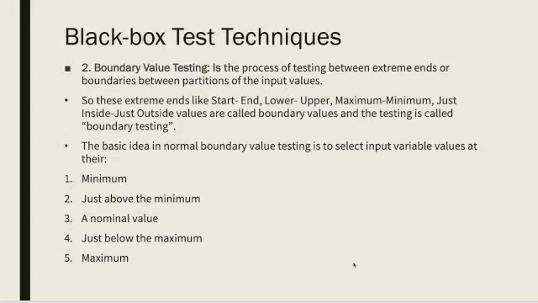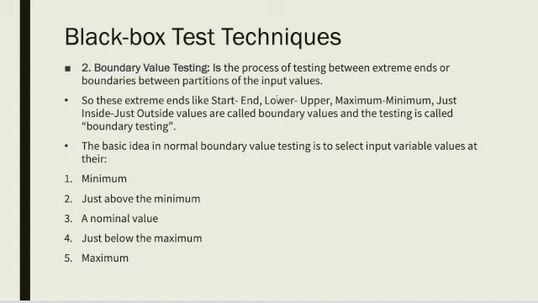Let's move on. We have boundary value testing. I think there's an example of boundary value testing on this same page, so I will not close it. In boundary value testing, you test two extreme ends. That is, you test two boundaries. You test between two boundaries.